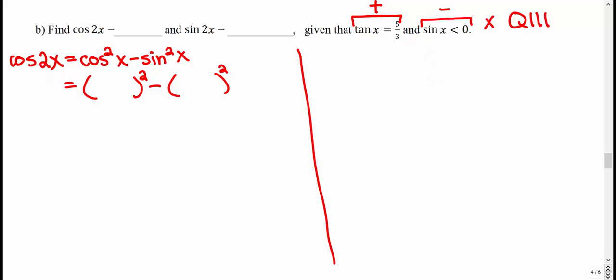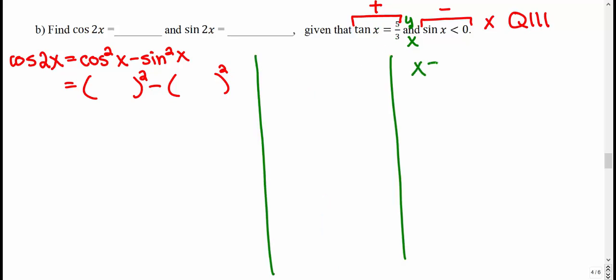Since we are told the tangent value, we know that we have y divided by x as the definition of tangent. So x is equal to 3, y is equal to 5, and r is the value that we want to solve for. Once again, we will use the Pythagorean theorem. Since we are in quadrant 3, the x value is negative and the y value is also negative.